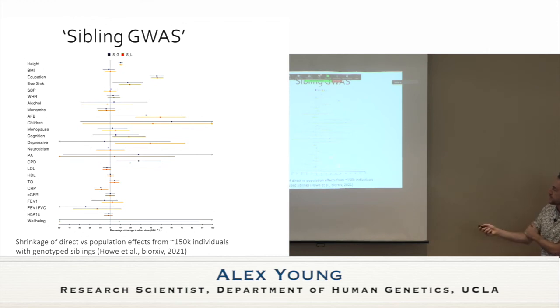Like HDL, that's high density lipoprotein cholesterol, often shows a bit of a difference between these things. So things that are classical biomarkers of disease can also show these differences, but I would guess that the biggest differences you're going to see are probably for the more behavioral traits.